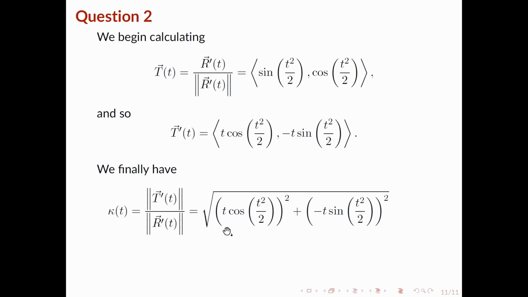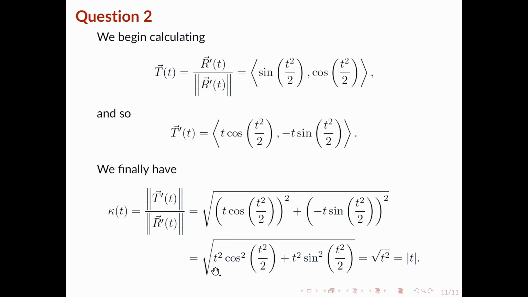So getting the magnitude, we can simplify. We note again that this can be simplified as t squared times cosine squared of something plus sine squared of something, and this is just equal to 1.